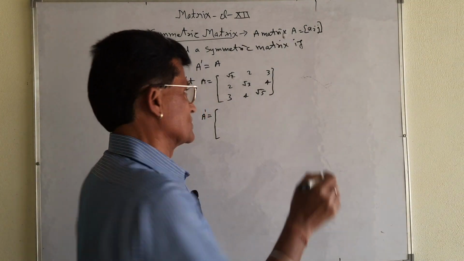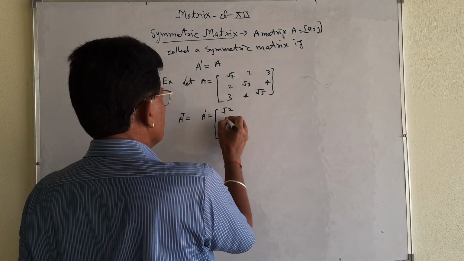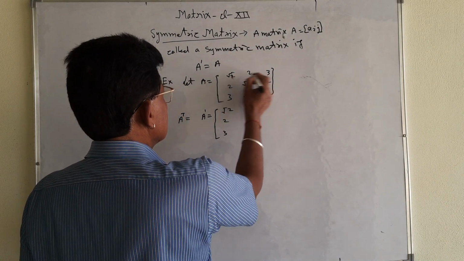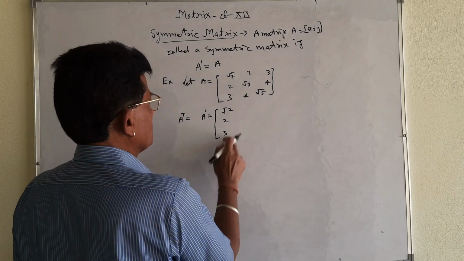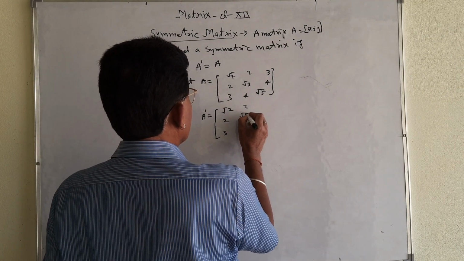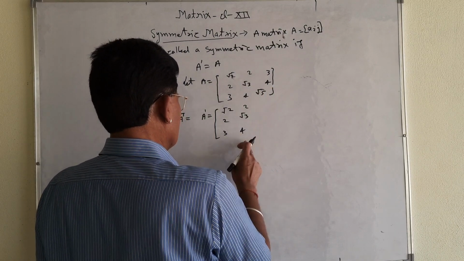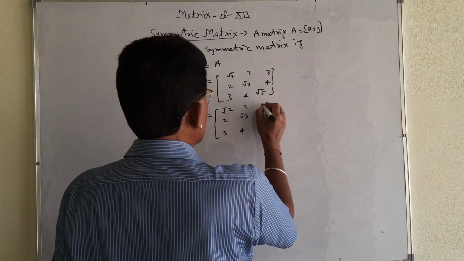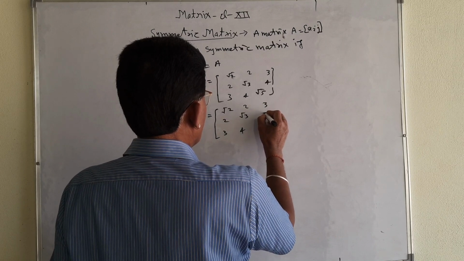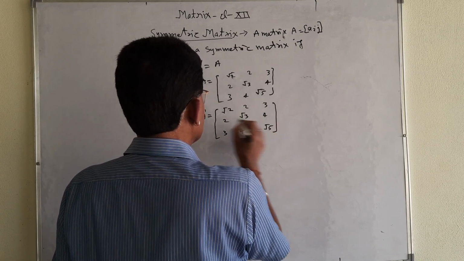First row I am going to change into a column: root 2, 2 and 3. This is a row and I have changed it into a column. Similarly, 2, root 3 and 4. Third row I am going to change: 3, 4 and root 5. This is the A transpose matrix.